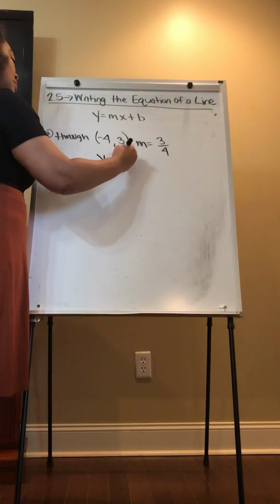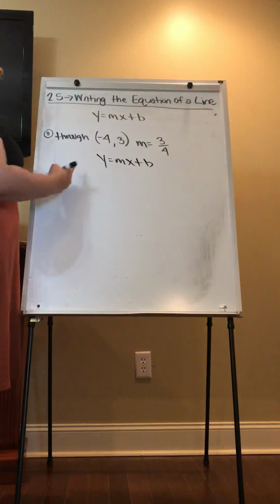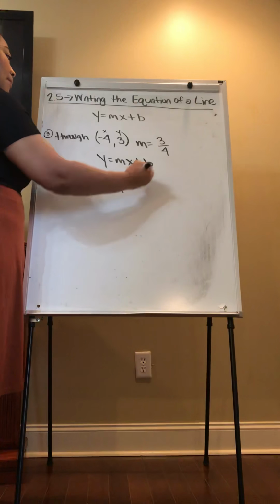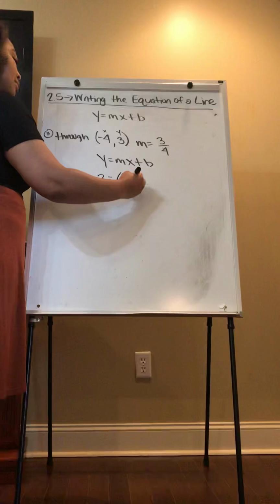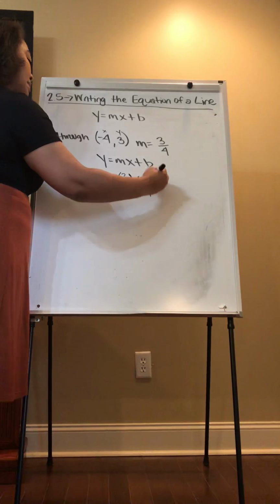Take your three numbers and we're going to plug it in to y equals mx plus b. So my y number is 3. My m is 3/4. My x number is -4.